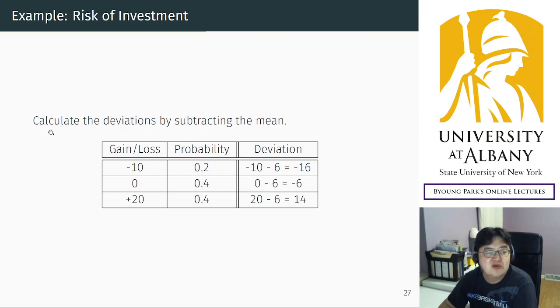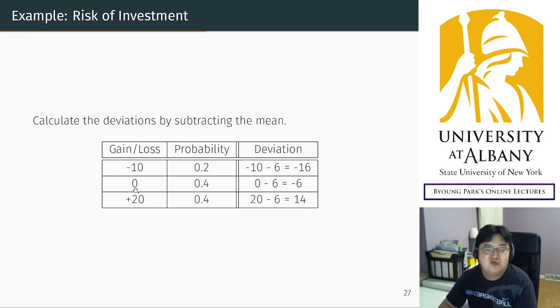And we are going to calculate the deviations by subtracting the mean. But you are subtracting the mean from the outcome, right? So if you lose $10, that means this is $16 below your expectation.